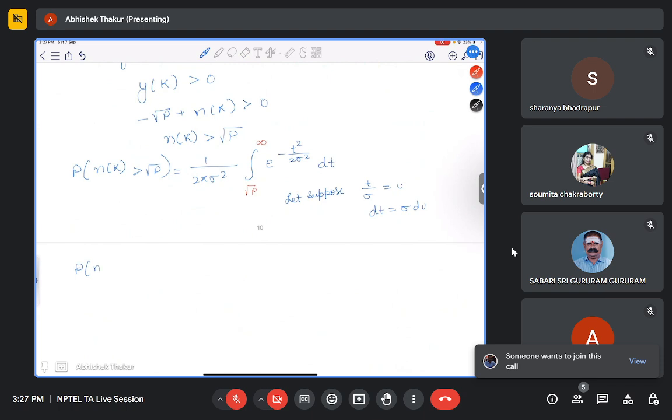So the probability such that noise is greater than square root of p is equal to 1 by square root of 2 pi, this will be in square root, sorry, and when t was root p, then u will be t by sigma, so that will be root of p by sigma square, because when you bring sigma into a square root it will become sigma square, to infinity, because when t was infinite u will also be infinite, e to the power of minus t by sigma is u, so it will be u square by 2 and sigma du.